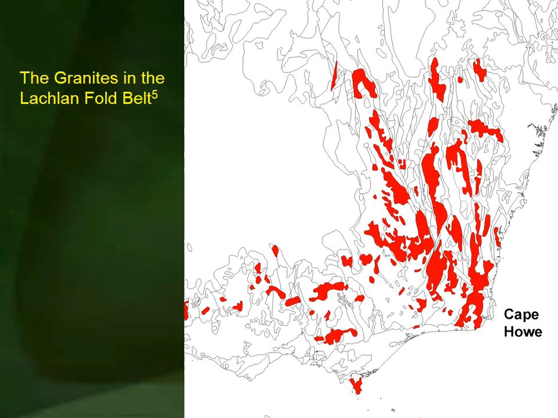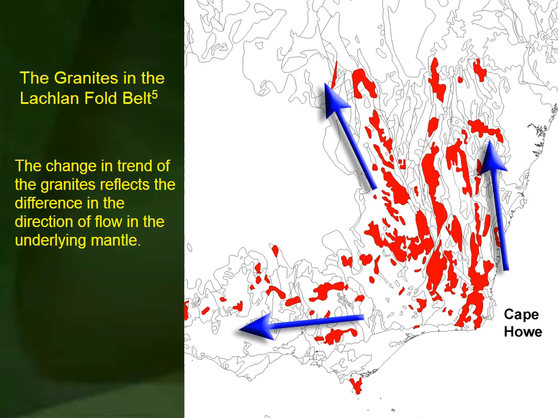The granites in the Lachlan Fold Belt. The change in trend of the granites reflects the difference in the direction of flow in the underlying mantle.